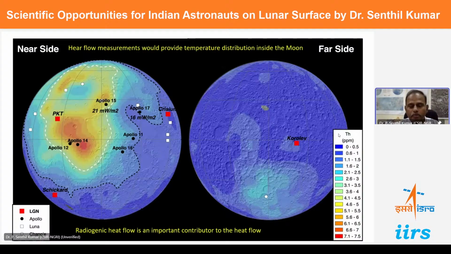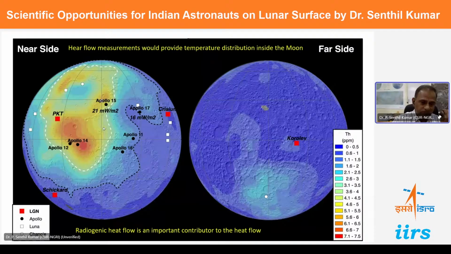For example, thorium. Thorium is one of the radioactive isotopes. It generates a huge amount of heat. So it is possible that if you go and study these areas which are rich in thorium, and you measure the heat, and at the same time you measure outside the thorium anomaly region, you can measure the amount of heat coming from the interior of the moon much better.